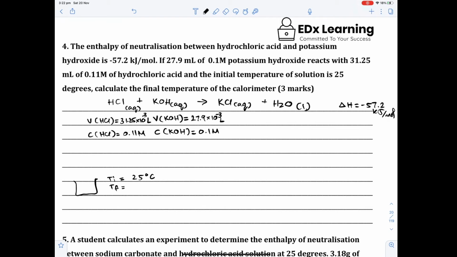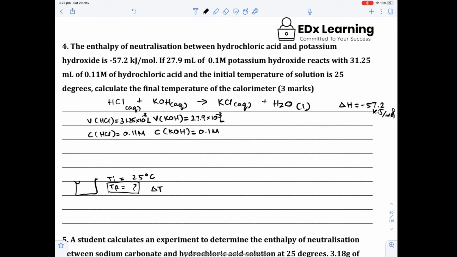No, not needed, because remember the change in temperature is what we care about, and it's constant in Celsius and Kelvin. Tf is, we don't know. We want to find that, so that's framing the question. So we need to find change in temperature. Everyone agree? Good.